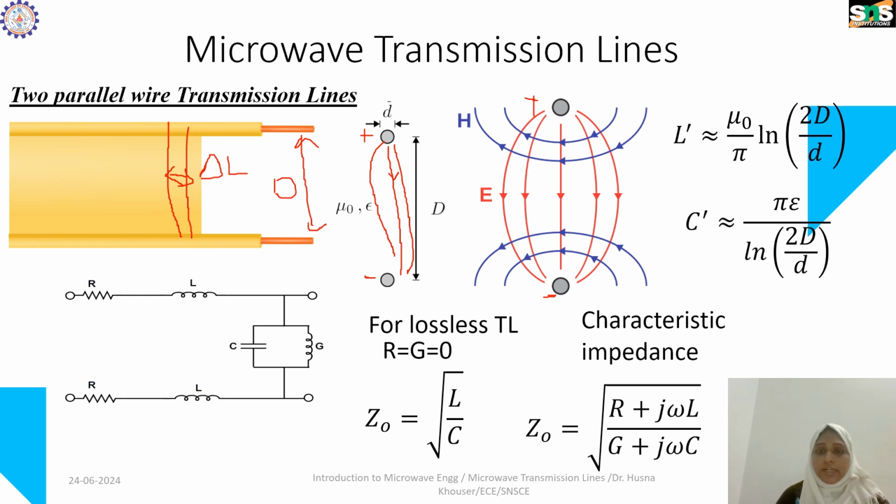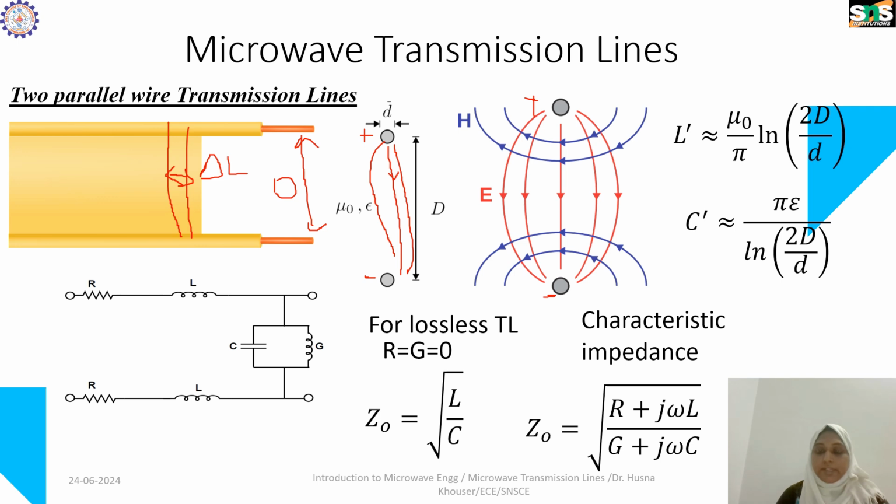According to the right hand thumb rule, the current will flow in the horizontal direction, that is, the magnetic field will be perpendicular to the electric field. The currents flow out of phase in the two conductors. This is the electric field, and this is the magnetic field, which is accompanied with it and formed in a closed loop.